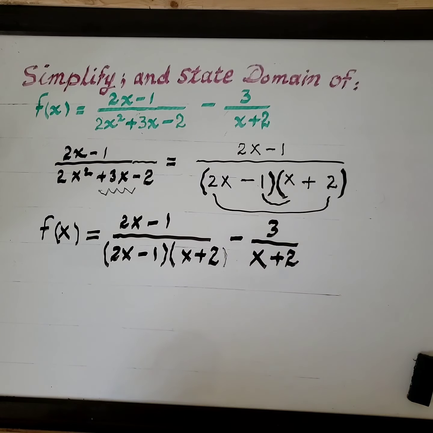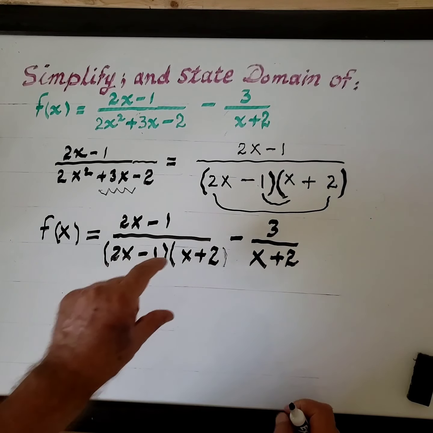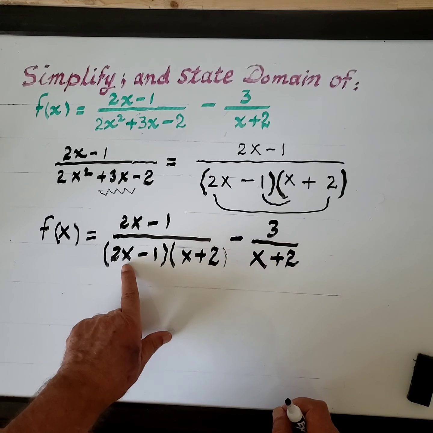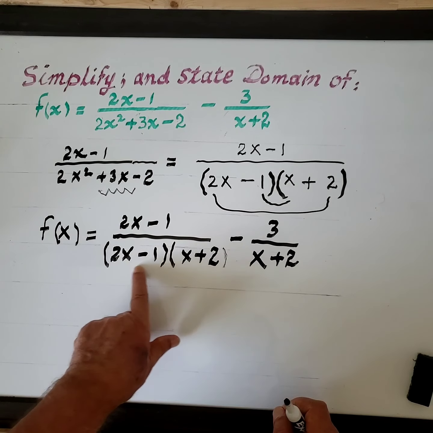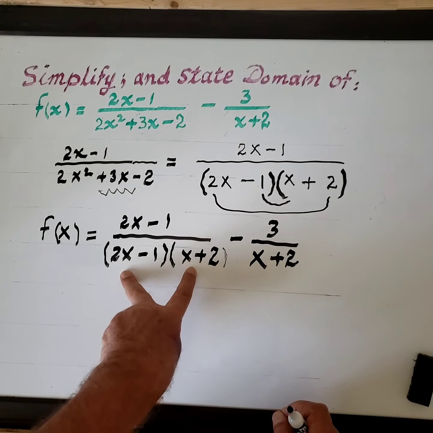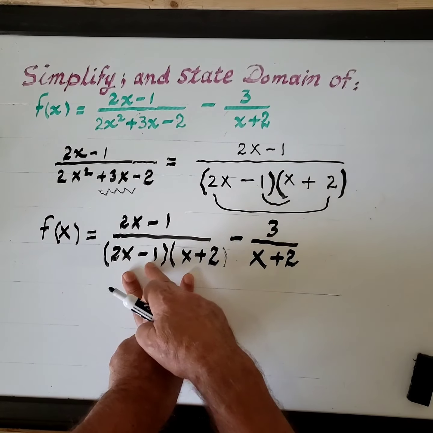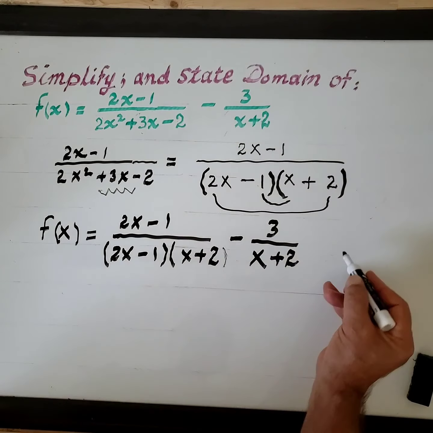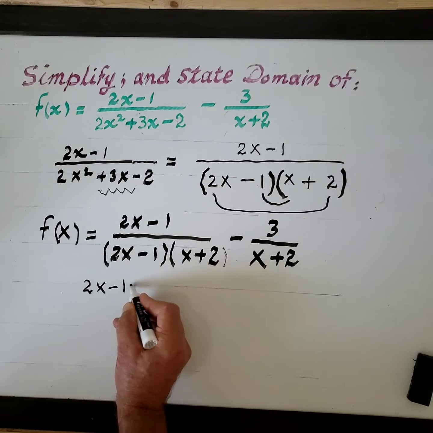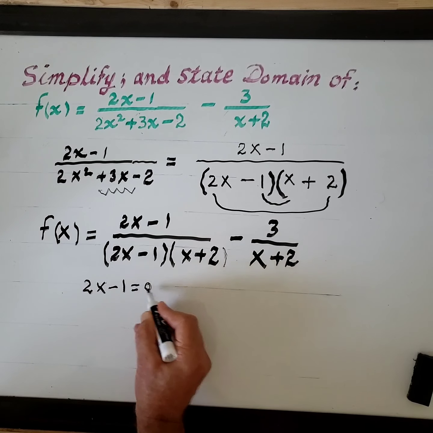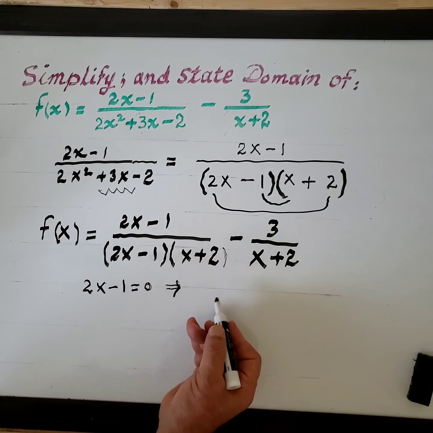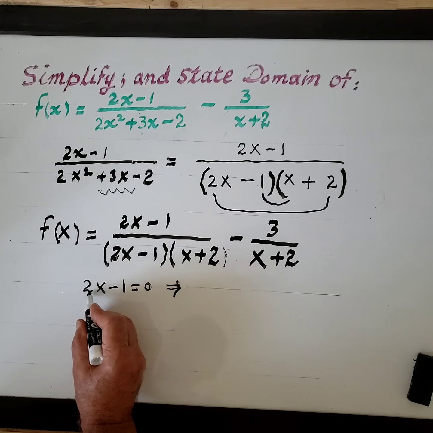But be careful when you cancel, don't forget that this will be not defined when this is equal to 0 and this is equal to 0. To find the zeros for this, I put 2x minus 1 is equal to 0, and solve this equation. When you move minus 1 to the other side, it will be positive. Then divide over 2.